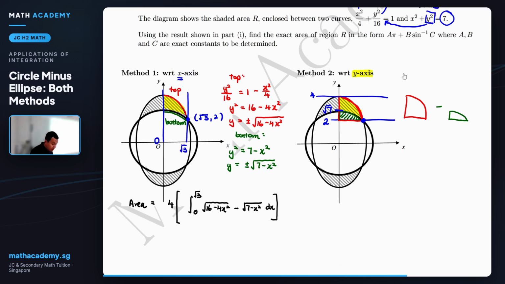If we do with respect to y-axis, you got to remind yourself, when I start the equation later, it starts with integrate x dy. So unfortunately for the prep work, you got to make x the subject. Okay, so let me start with the ellipse again. We want to make sure we get x being the subject.